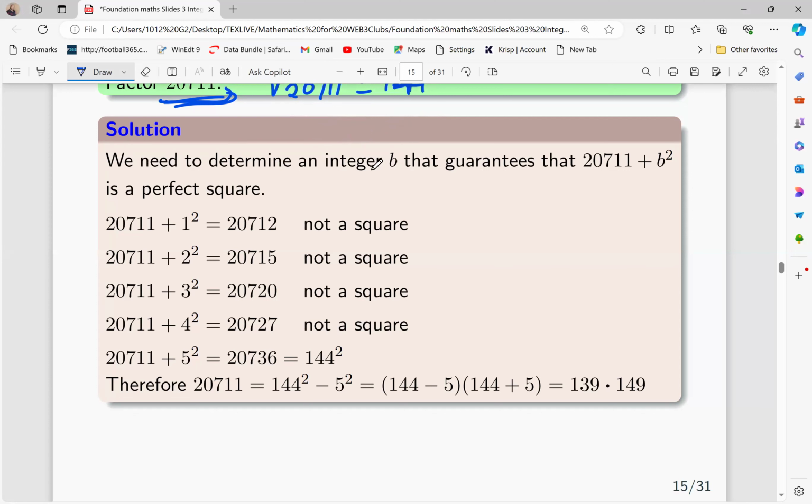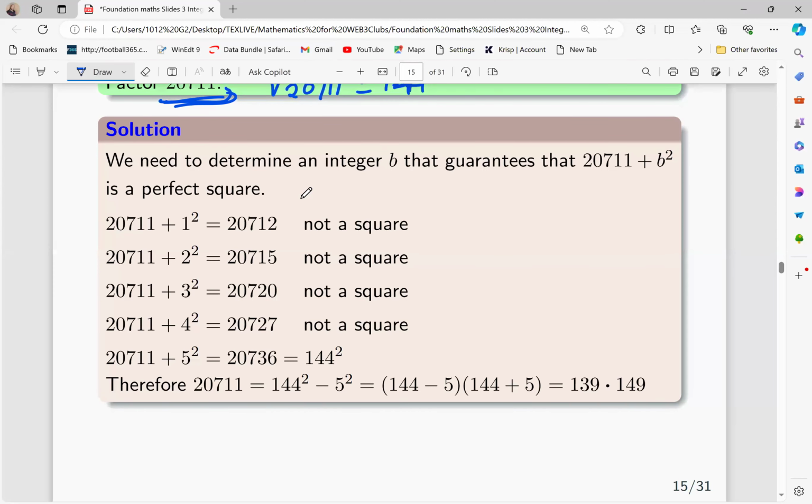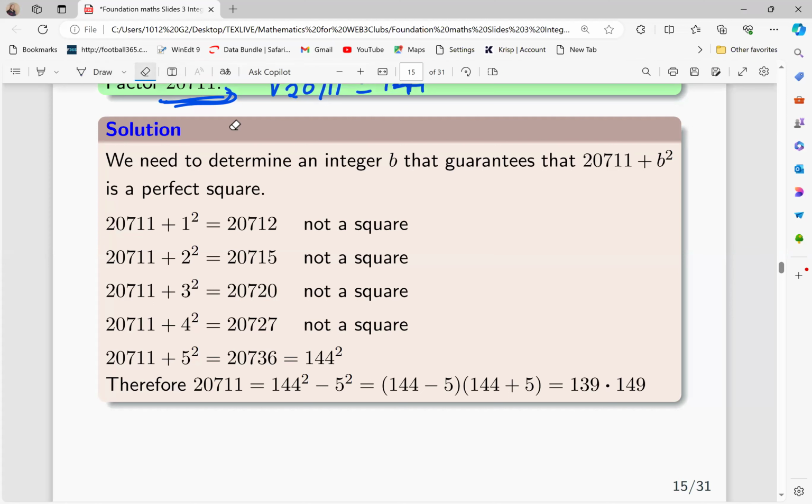Okay. Now, what I was saying is that the whole essence of trying to factorize these numbers is to know the security of the RSA.